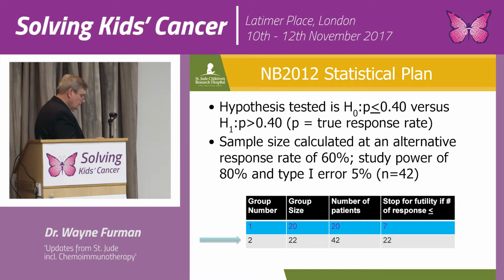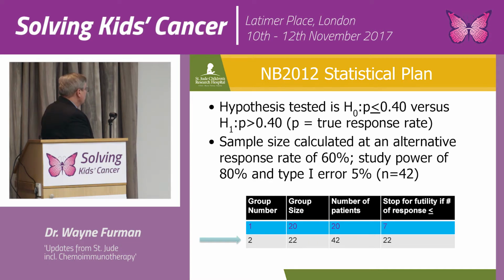And so this statistical plan, we wanted to say, hey, if we add the antibody, we want to see a big jump in that early response rate. So we said the early response rate was 40%. If it improves to 60%, that's going to be interesting. People will take notice. And so we went to our biostatistician, and he designed what's called a group sequential design.